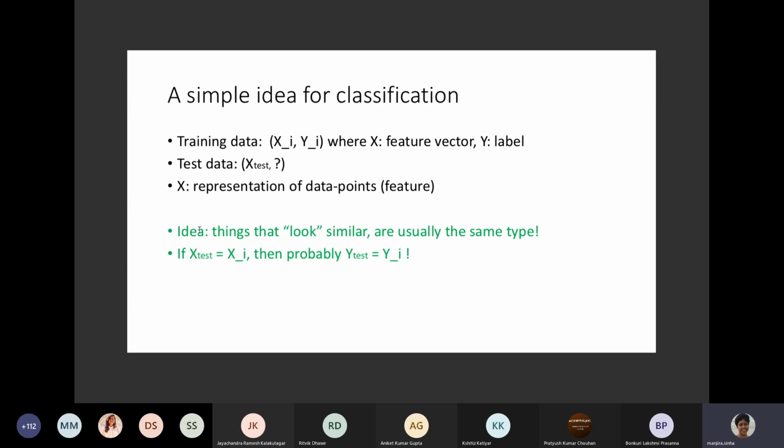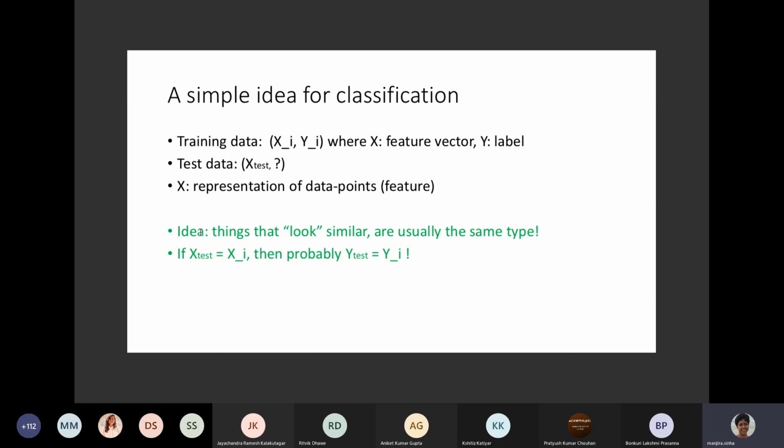Now our idea in the k nearest neighbor: we have all heard the saying that birds of a feather flock together. So the same idea, that if things look similar, then they are usually of the same type.